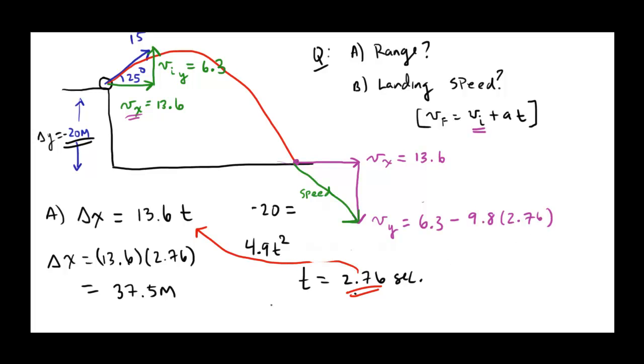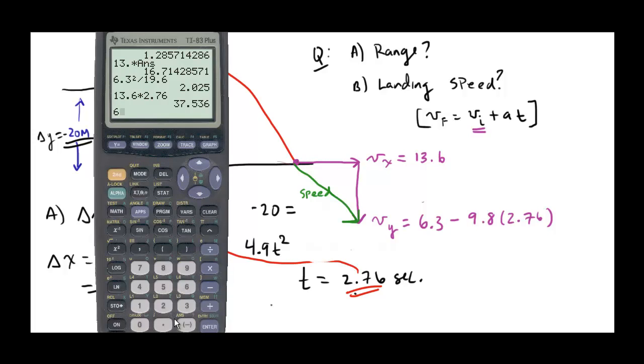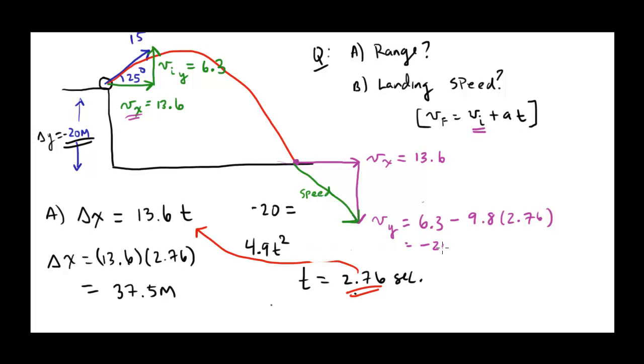So let's use the calculator again. 6.3 minus 9.8 times 2.76, and I get negative 20.7. Why negative? Because the ball is going down when it lands, so it makes sense that this would be negative. So this is negative 20.7.